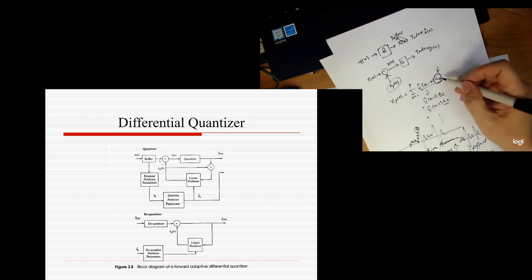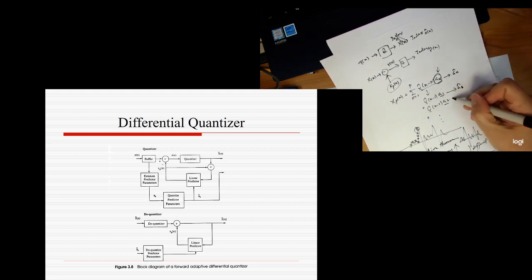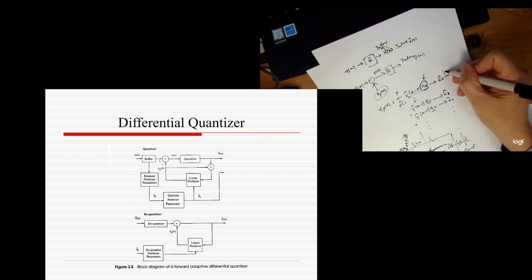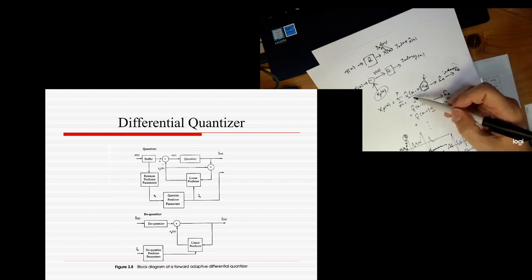However, because we have to send the coefficient to the decoder to synchronize with the encoder, it's not the original coefficient. We are using a quantizer to make the bit count smaller. What is sent to the decoder is based on the index of a k of n. The decoder gets this and recovers the coefficient. According to the coefficient, they can do the prediction.